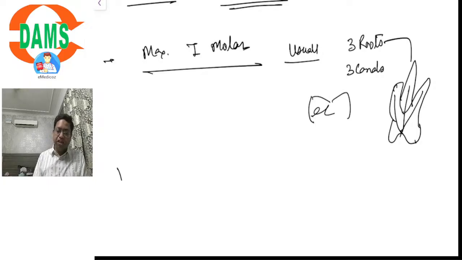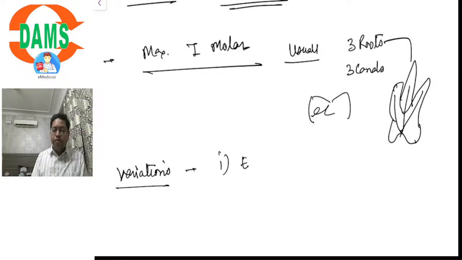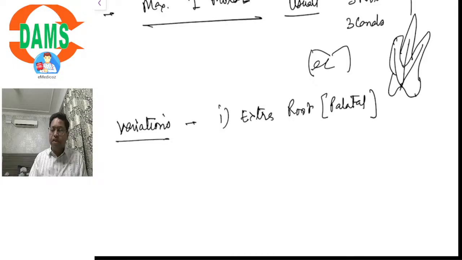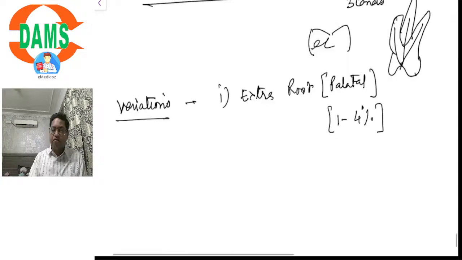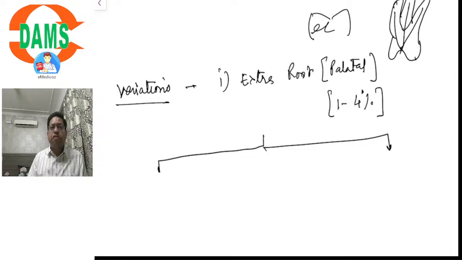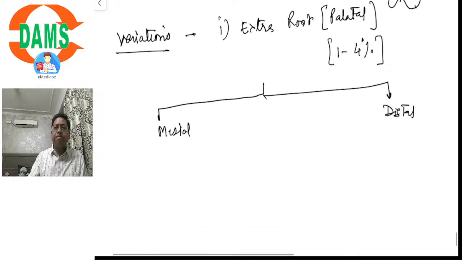If we talk about the variations, there can be an extra root, and most of the time there is an extra palatal root with a reported incidence of 1 to 4%. Means instead of a single root, there would be two palatal roots. And just like mandibular first molar, the location of this extra palatal root can be on the mesial side or on the distal side.